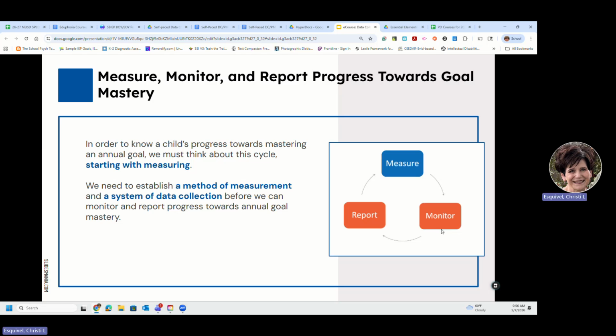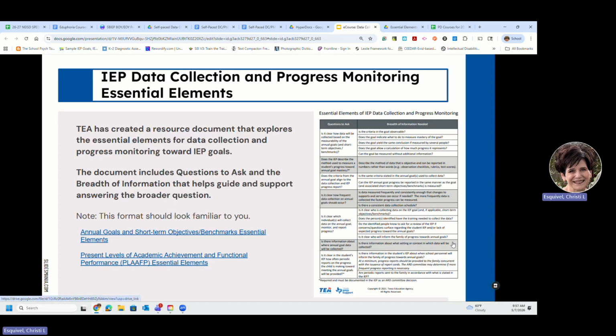In order to know a child's progress towards mastering an annual goal, we have to think about this cycle, starting with measuring. We need to establish a method of measurement and a system of data collection before we can monitor and report progress towards the annual goal mastery. TEA has created a resource document that explores the essential elements for data collection and the progress monitoring towards IEP goals.